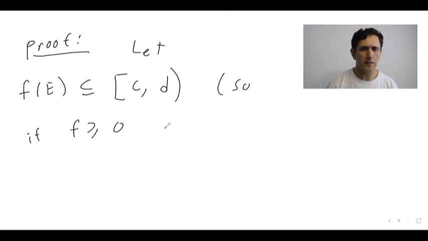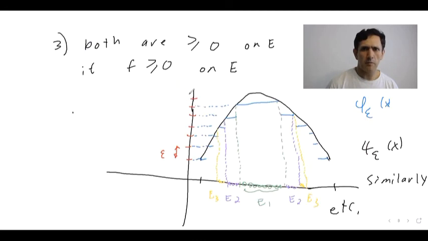So in particular, if f is non-negative on E, then we can set C to be 0. If f is never negative, then the image is contained in 0 to D for some large D. Here, this is my D and this is my C in this picture.